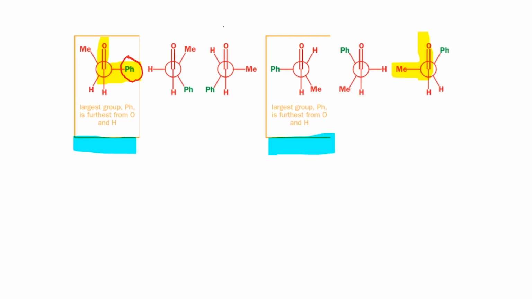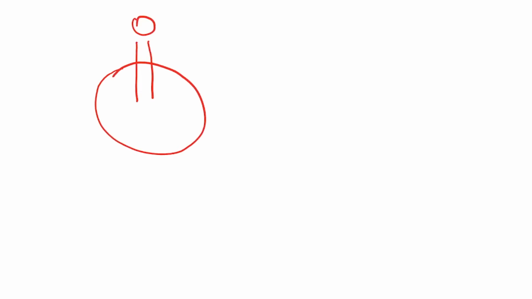Okay, so as a general model, what we need to look at is we drew out these 2 structures here. So one is this, where you have the C double bond O over here, the hydrogen here, the phenyl ring was over here, methyl was here, and H was here.